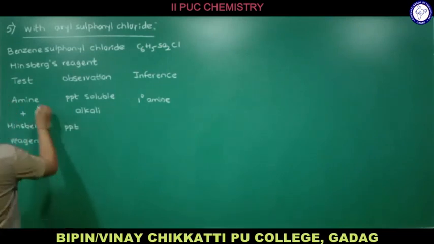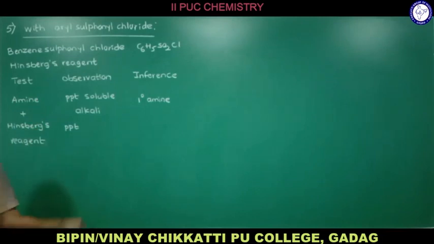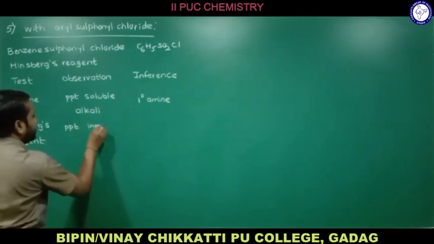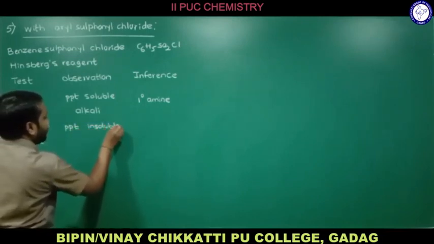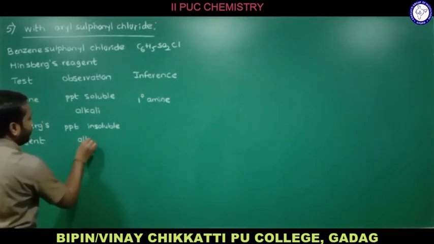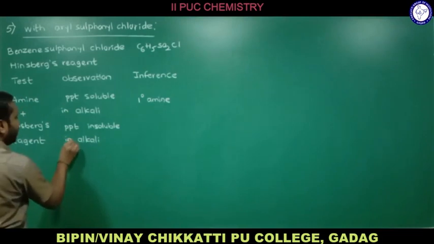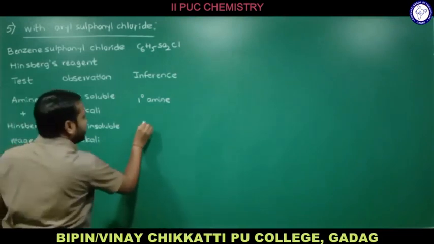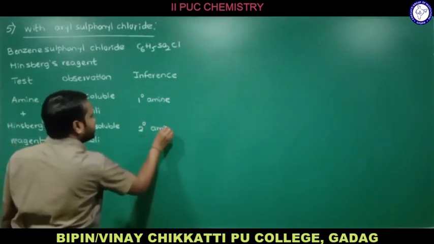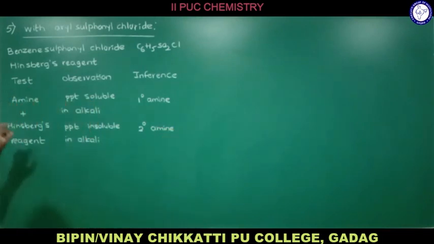If you consider an amine and react it with Hinsberg reagent, if you get a precipitate that is insoluble in alkali, that indicates the given amine is a secondary amine. Remember, the given amine is a secondary amine because it reacts with Hinsberg reagent and of course we get a precipitate, but that precipitate is insoluble in alkali.